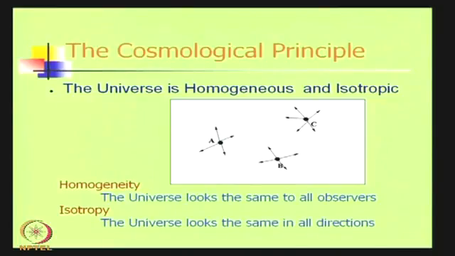So, let me give you more familiar examples of homogeneity and isotropy, because these are very important concepts in cosmology. For homogeneity, you would have studied the electric field inside a capacitor.